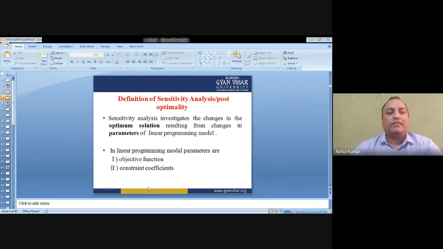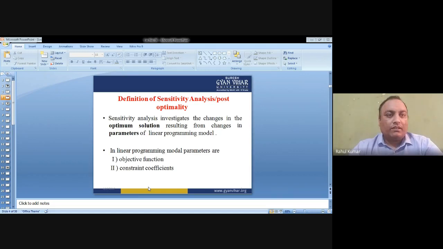Then we move to the definition of sensitivity analysis and post optimality. The second name for sensitivity analysis is post optimality, right?